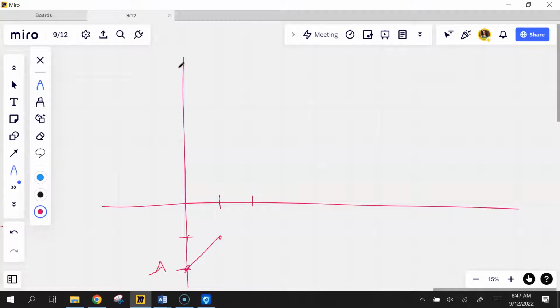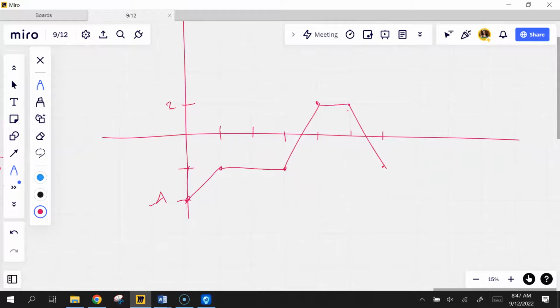Most of the time on an FRQ, you're going to be given the graph of the derivative and asked to do stuff with it. This is the graph of position, which is a little bit easier to work with.